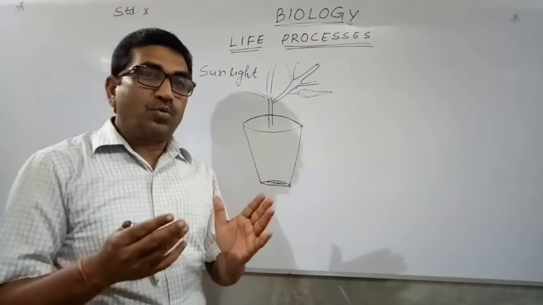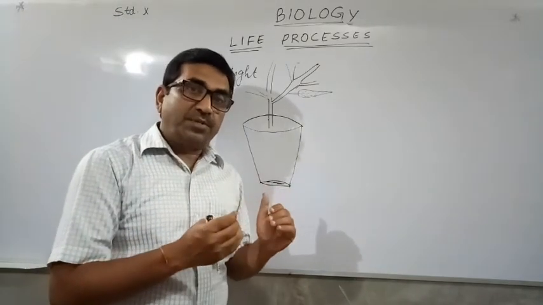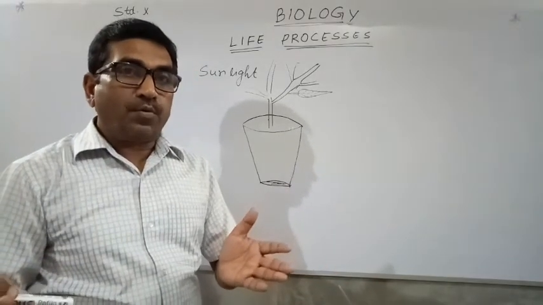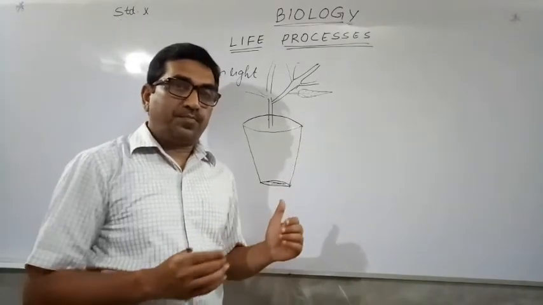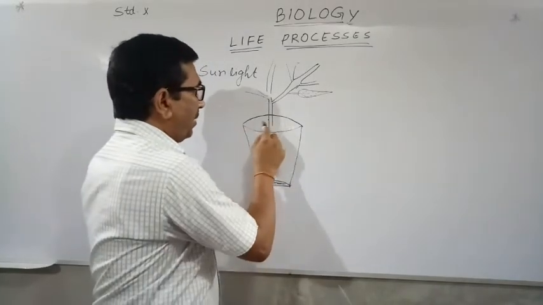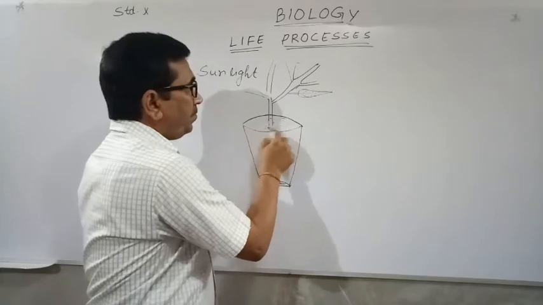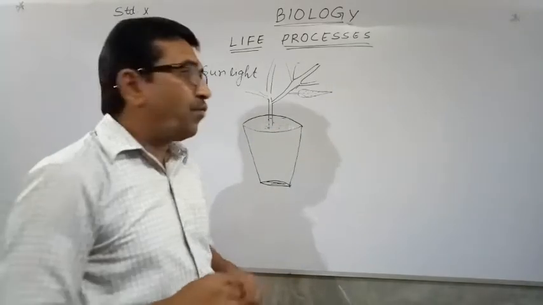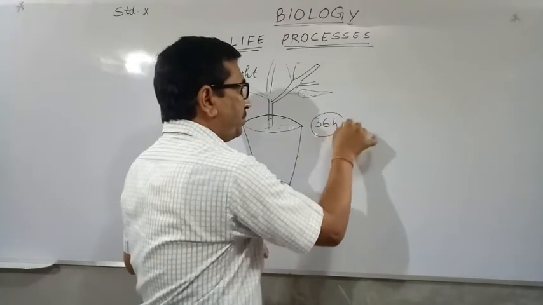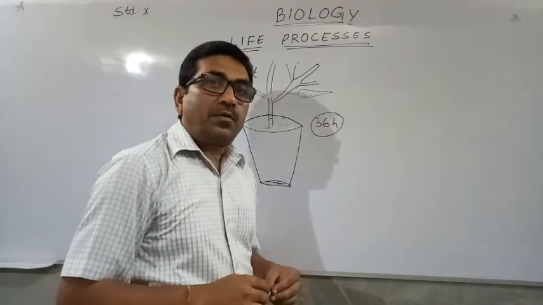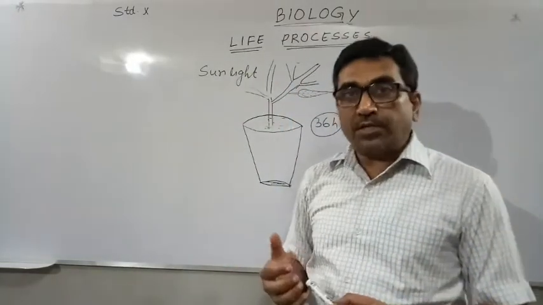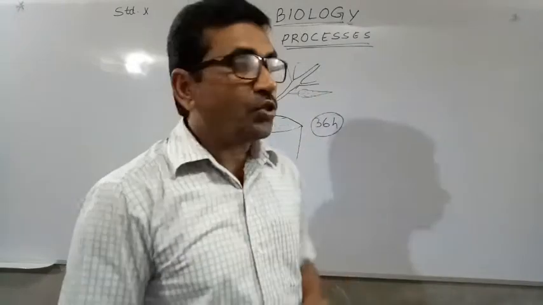We cannot do the same activity using a big tree, because a big tree cannot be uprooted and kept in the dark room. First, these potted plants are kept in the dark room for 36 hours, maybe more. It may go for 3 days also.